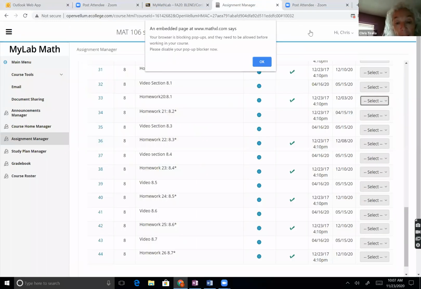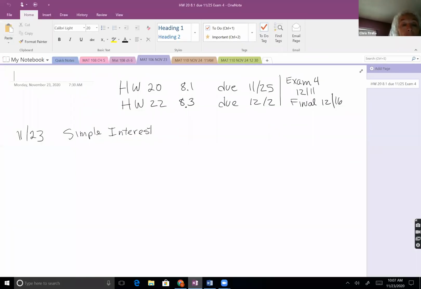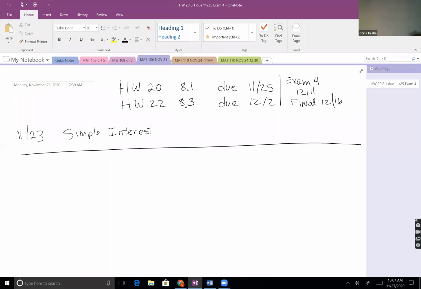If not, before we start looking at simple interest, let's pick up where we left off in percents. What we did not look at was the percent increase and decrease.